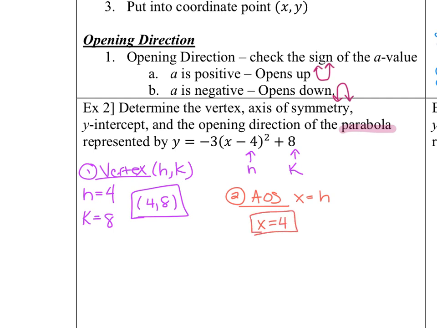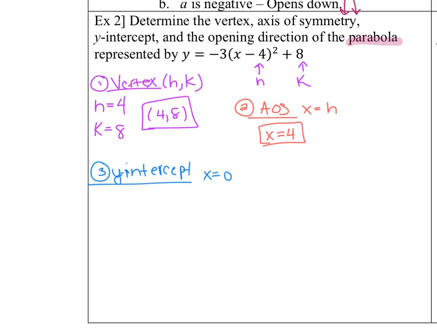Next, we're going to find the y-intercept. So for a y-intercept, the x value is always equal to 0. So we're going to take 0 and substitute it where x is. Y equals negative 3 times (0 minus 4) squared plus 8.